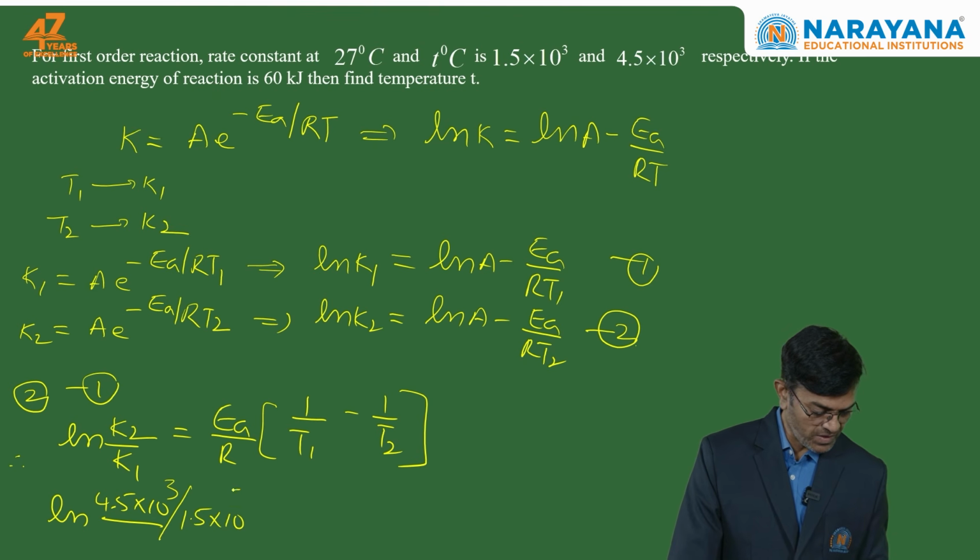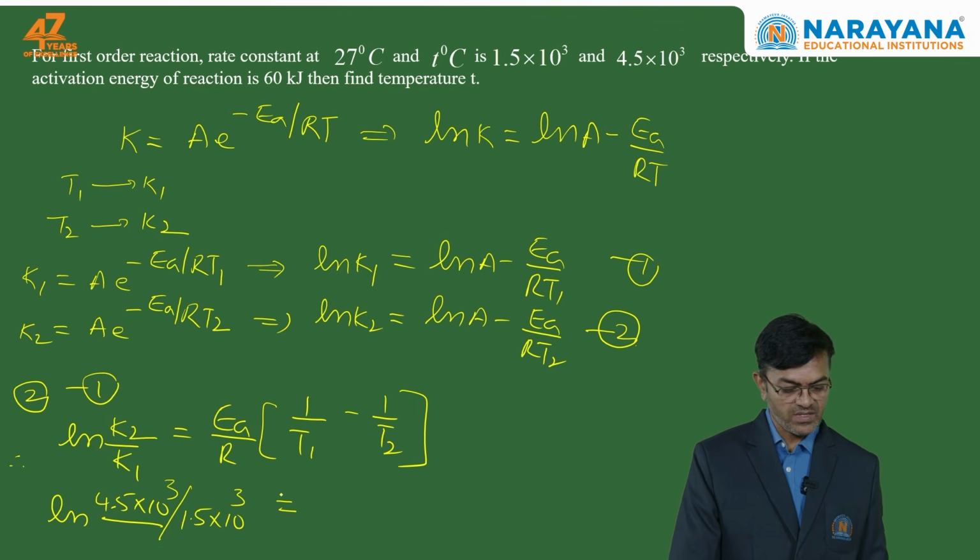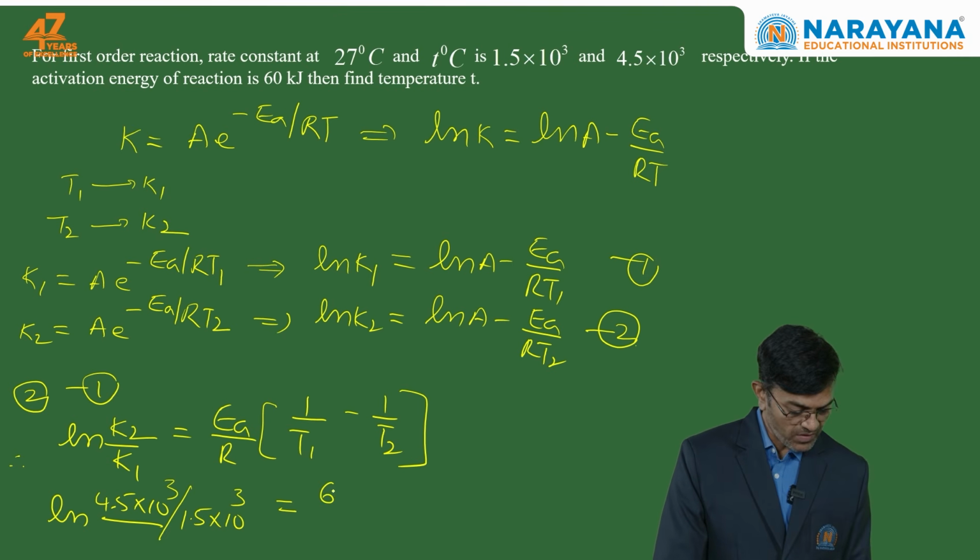So ln K2 by K1 from the values is 4.5 into 10 to the power of 3 by 1.5 into 10 to the power of 3, which is equal to, activation energy is given in kilojoules. So don't hurry here, you should convert that into joule. So 60 into 10 to the power of 3 by 8.314 into 1 by T1.